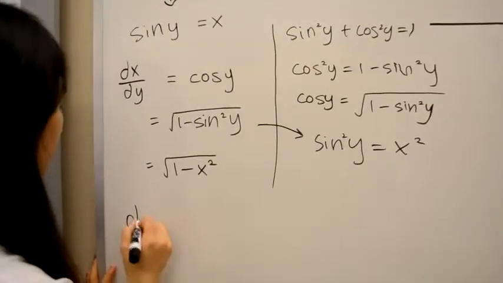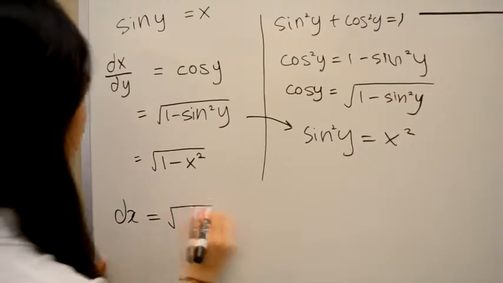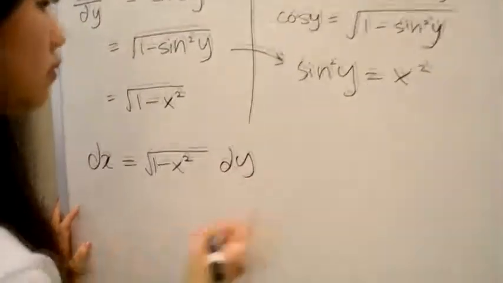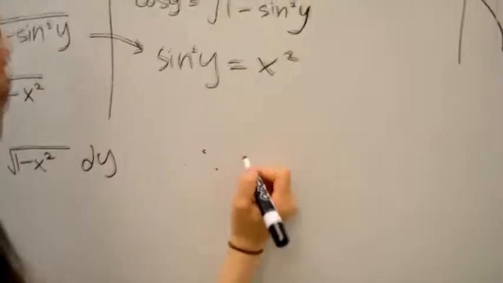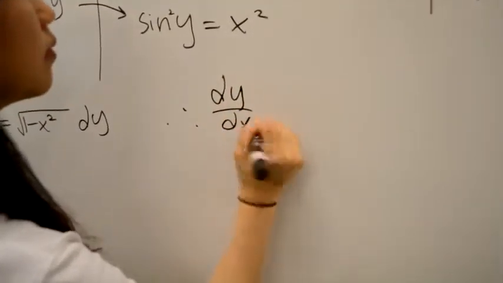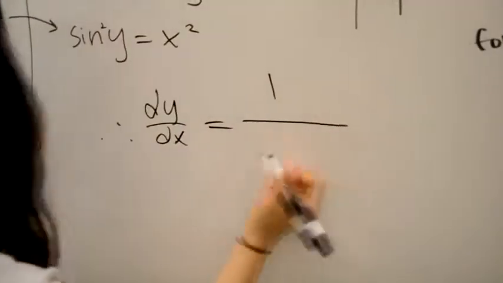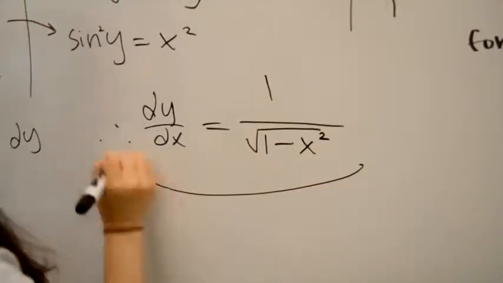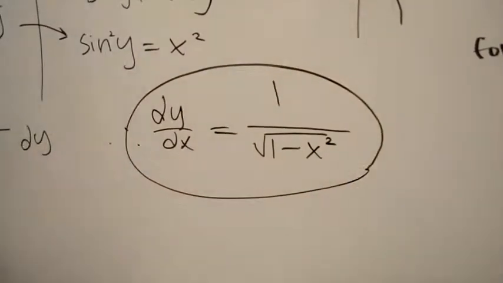Now we flip dx dy, so it would be dy over dx, which is going to give us 1 over square root of 1 minus x squared. And that's the derivative of it.